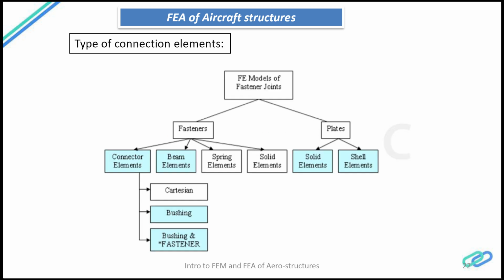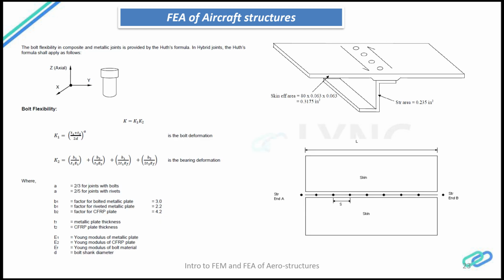A CBUSH element is one and the same. Bush is also a spring element. There is nothing different, only the way the element has been defined. In terms of properties, there is nothing different.